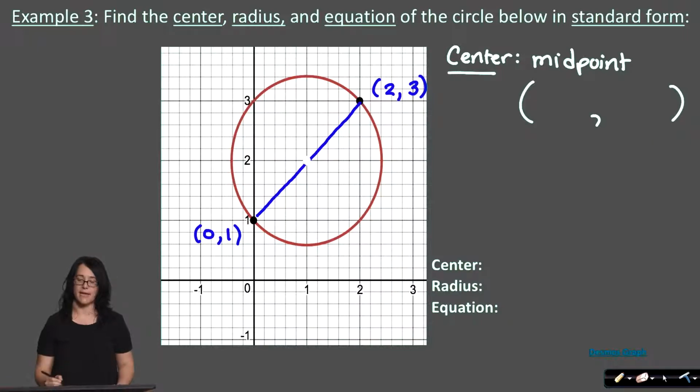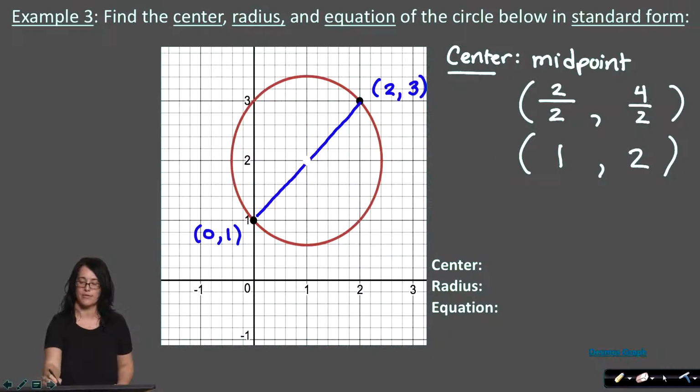What is the average of my x's here? 2 plus 0 is 2 cut in half. So the average x value is 2 over 2, which is really 1. The average y value would be 3 plus 1, which is 4 cut in half. But 4 divided by 2 is really 2. So my center, my (h, k), if you will, is the location of (1, 2).